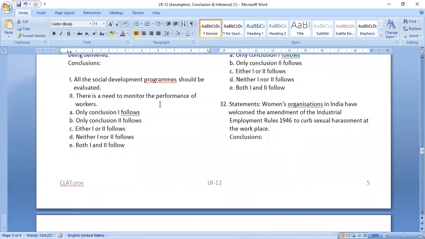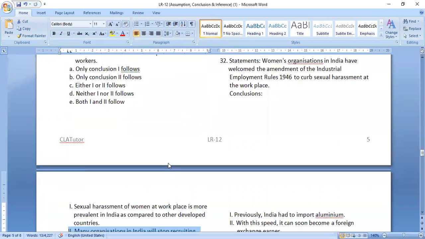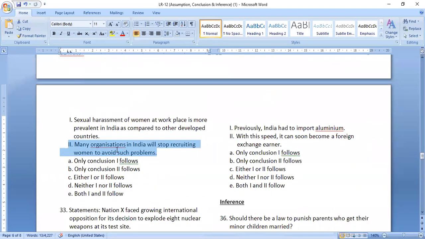So all they tell you in the statement is that these women's organizations in India have welcomed the amendment of the Industrial Employment Rule 1946 to curb sexual harassment at workplace. Right. So that's the statement. Therefore, many Indian organizations will stop recruiting women to avoid such problems.